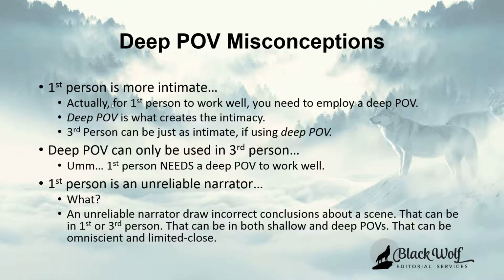Now, that can be in first person or third person. That can be shallow and deep POV. That can be in omniscient as well as limited close. You know, you can have your really unreliable godlike character. It could be almost like the anti-god. Who knows? Your unreliable narrator is a different subcategory that should not even come into this conversation, but for whatever reason it does. So just keep that in mind if you see those articles.